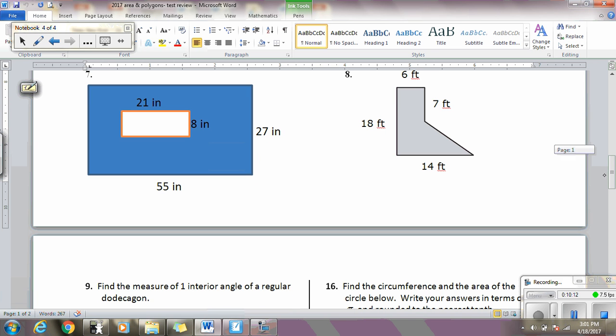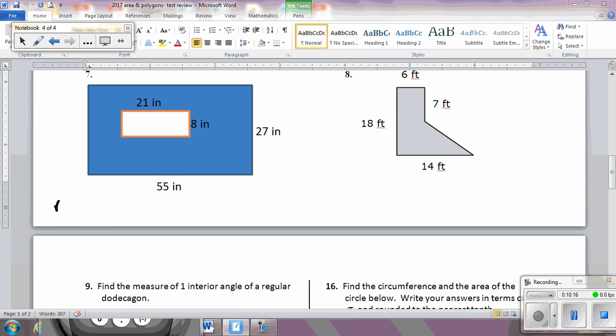Number 7, again, is like number 1. I'm going to take the area of the large rectangle and subtract the area of the small. So again, it's length times width minus length times width. So that's 27 times 55 minus 21 times 8.